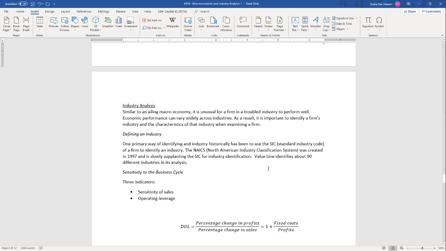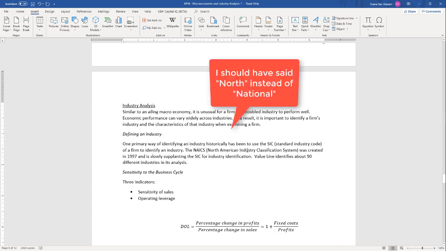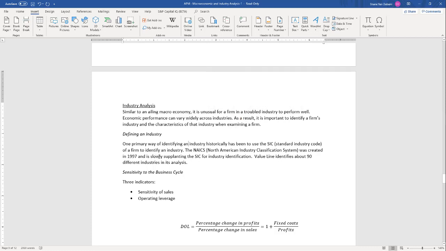One primary way of identifying an industry historically has been to use the SIC, also known as the Standard Industry Code, of a firm to identify the industry that it's in. The NAICS, North American Industry Classification System, was created in 1997, and I put in here when I wrote these that it's slowly supplanting the SIC for industry identification.